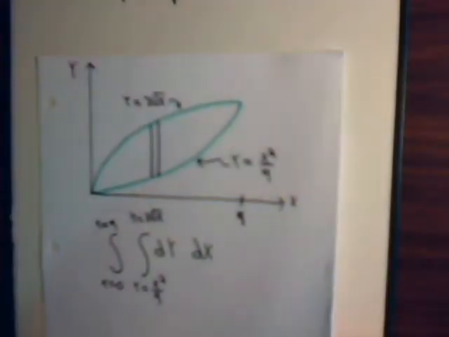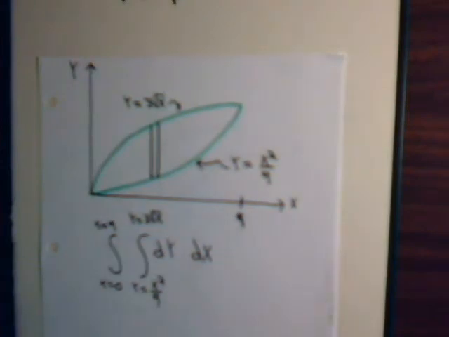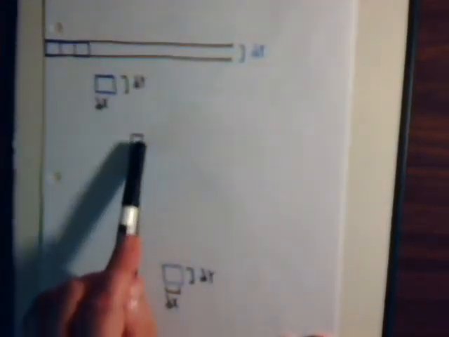Now, if we're going to do it using vertical strips, we're thinking of this situation. We have a vertical strip of area, with differential rectangles of width dx and height dy, and we're adding up their area in the y direction to get the entire area of the vertical strip.